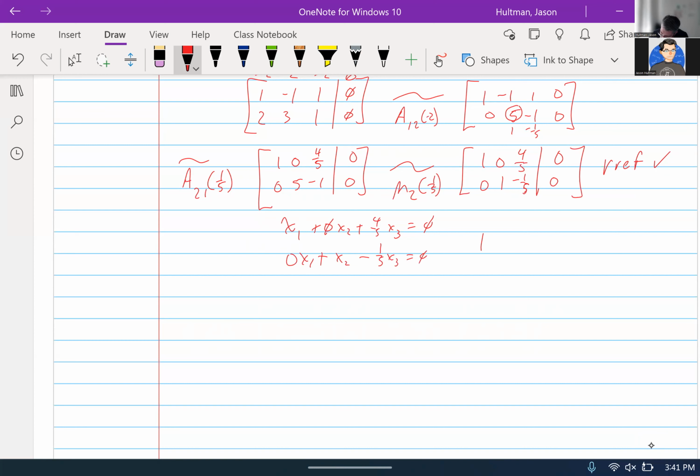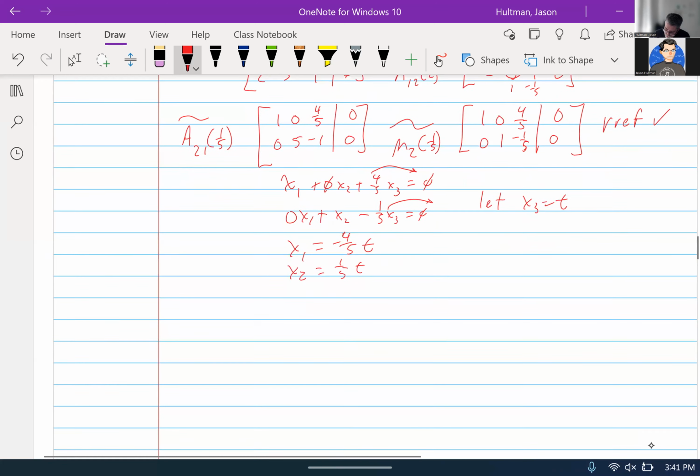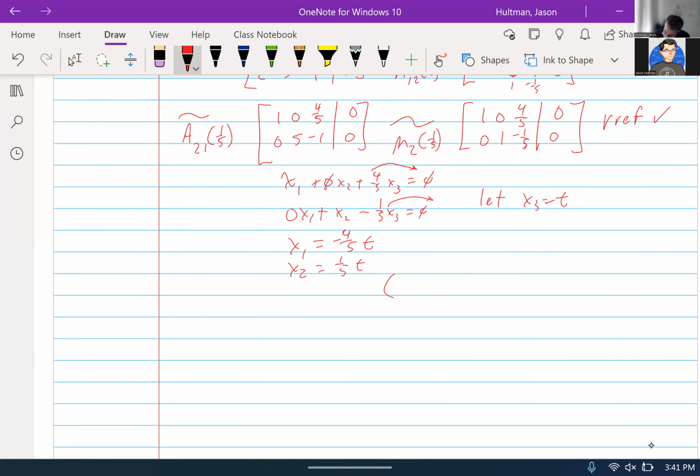And like before, we're going to let x3 equal t, so we can get all of our variables in terms of t. So if I take x1, I toss this guy to the other side, I get -4/5 t. And if I replace x3 with t, toss this guy to the other side, I end up with x2 is equal to 1/5 t. So that tells me that my result is -4/5 t, 1/5 t, and t.